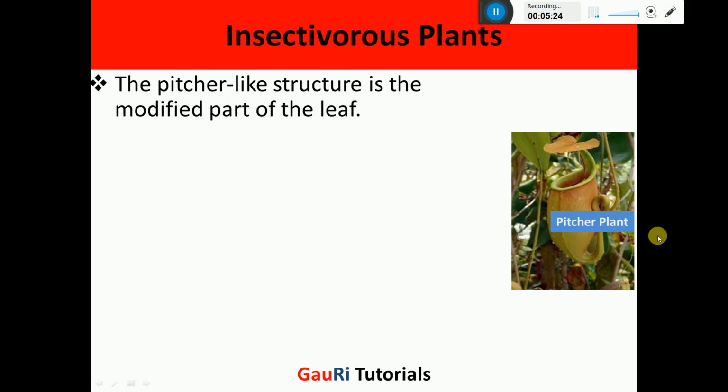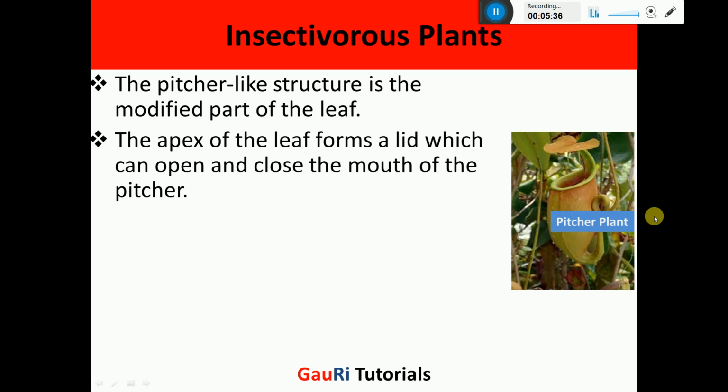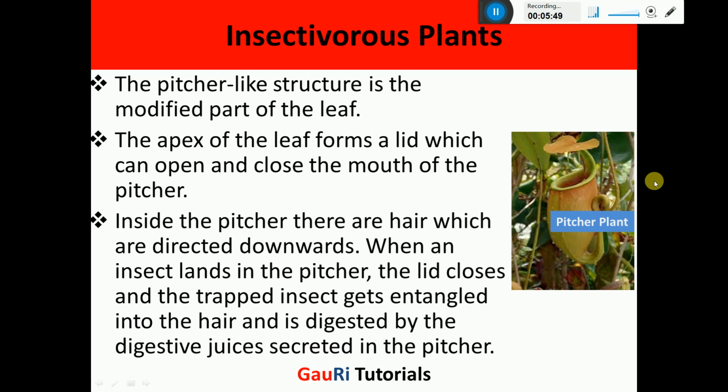Now let's start with the pitcher plant. The pitcher is a modified part of the leaf. This part which you see here like a pitcher is actually a modification of the leaf. Modification means the leaf has changed into this kind of structure, and at the apex, that is at the top, there is a lid. Lid means covering, which can close or open the mouth of the pitcher.